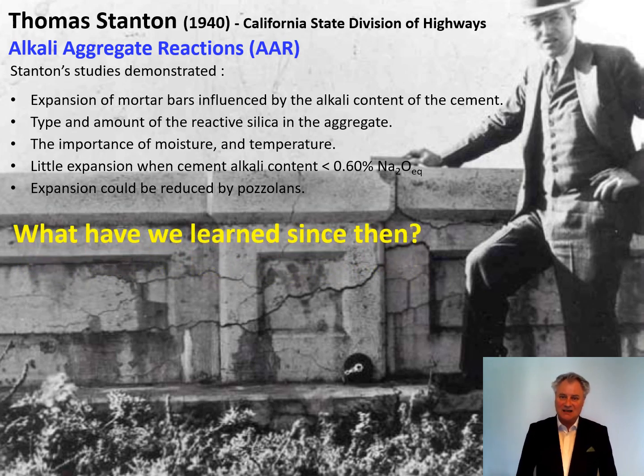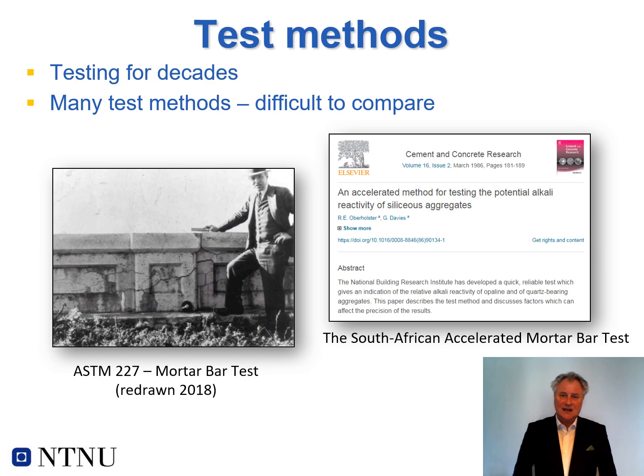So the main question actually is, what have we learned since then? This is in 1940. Since then we have been developing test methods. Actually Stanton developed this mortar bar test, which was named the ASTM C227 test. It has been used for many years, but it has some limitations, so it's been redrawn during the last years.